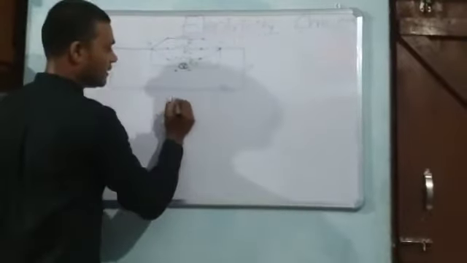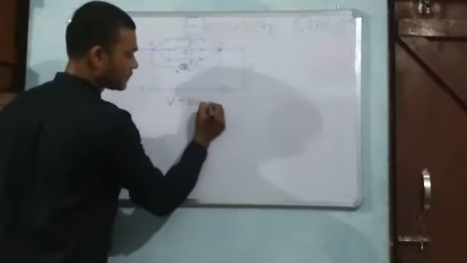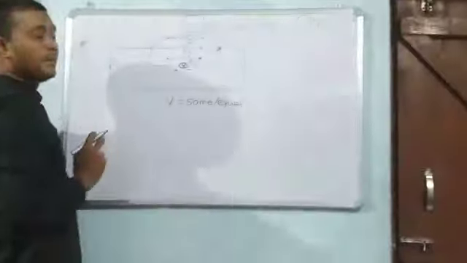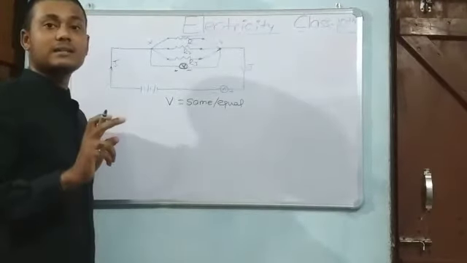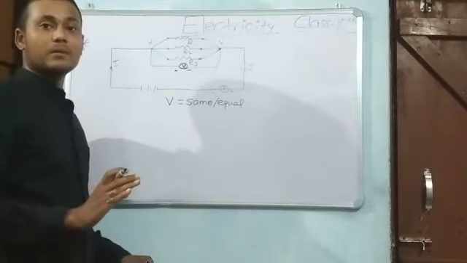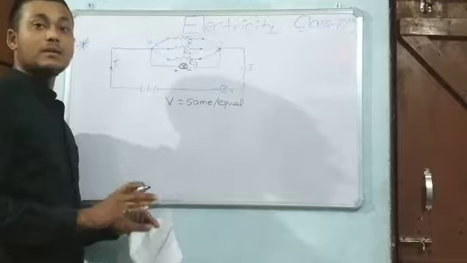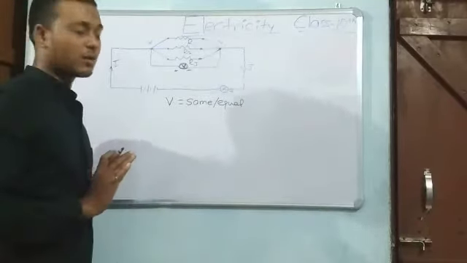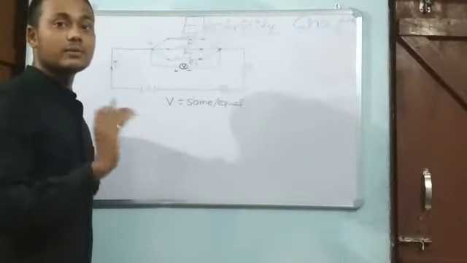So the first concept is V is the same or equal throughout the whole circuit. Means the potential difference of R1, R2 and R3 are the same whenever resistors are arranged in parallel combination, but current is different.